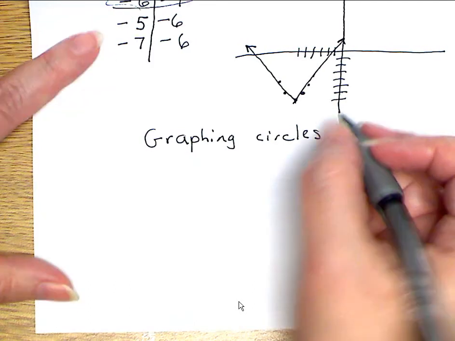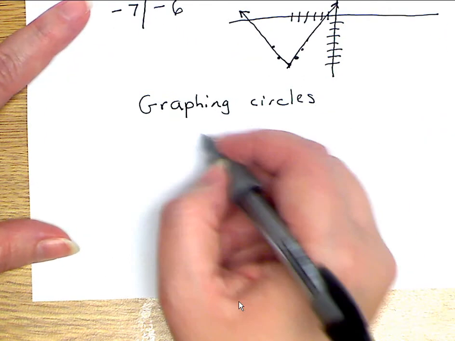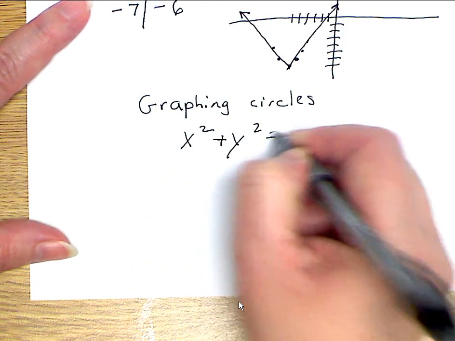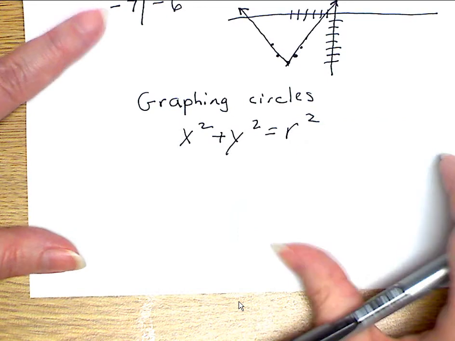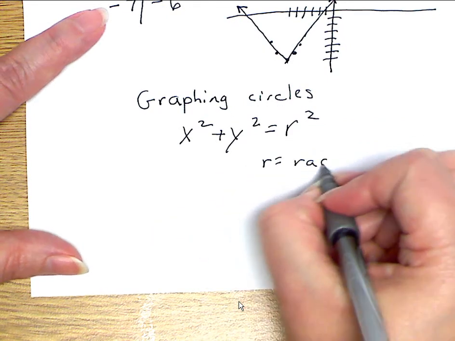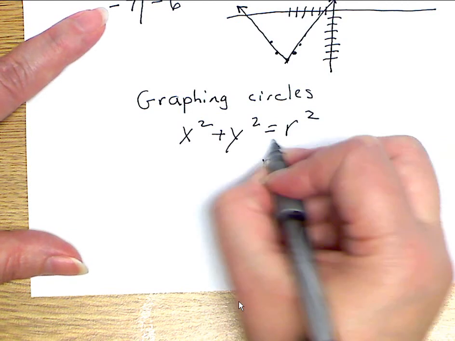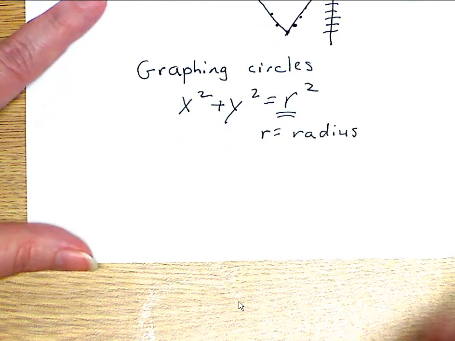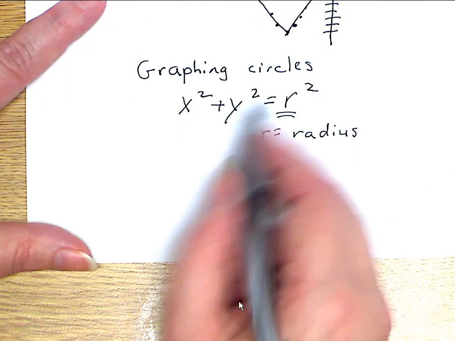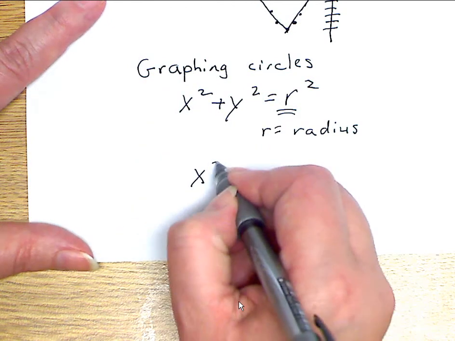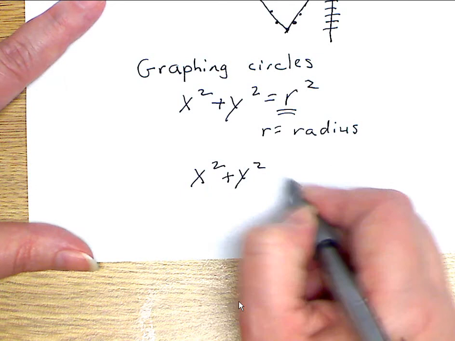Graphing circles, what we are starting with is x squared plus y squared is equal to r squared, and r is the radius. So that means that whatever number is over in this one right there, you have to take the square root to find its radius. The parent of your circle is x squared plus y squared is equal to 1.